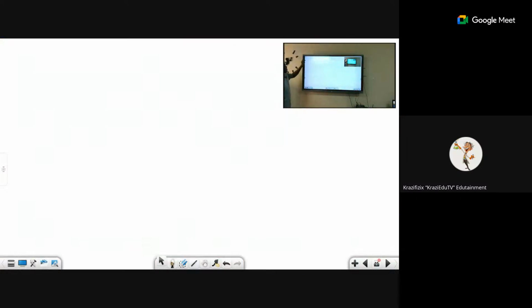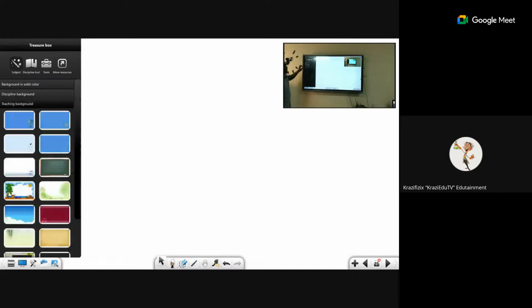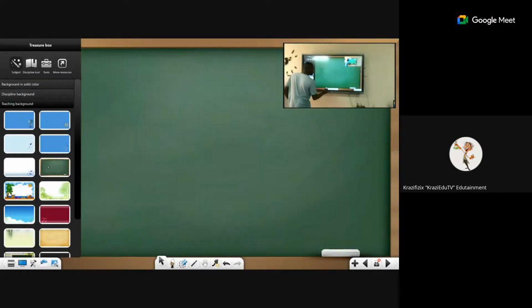Geometric. What is peculiar about the geometric sequence? What are the characteristics of a geometric sequence? The main thing here is it has a common ratio.